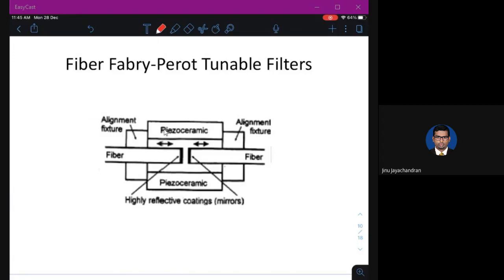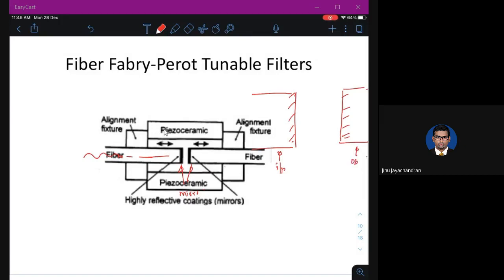You see there is a fiber. So there is an input fiber in which the wave is propagating. Okay. Now these are mirrors. For the Fabry-Perot filter or Fabry-Perot resonator, you need to have two mirrors. And here the mirror is constructed at the end of two fibers. One is the input fiber and one is the output fiber.